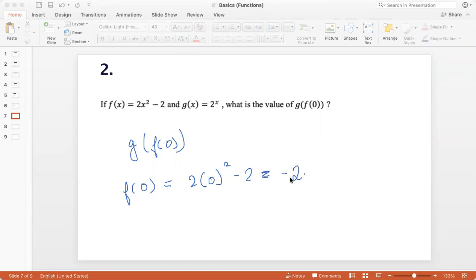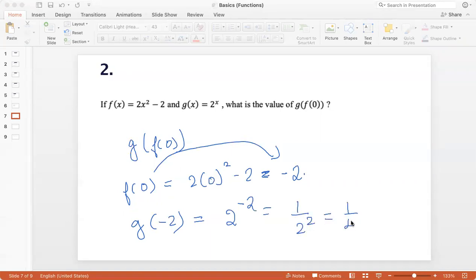So f(0) is minus 2. So we now need to find g(-2), because whatever is f(0) becomes the input for g. And g(-2) will be 2 to the power negative 2, which is 1 divided by 2 squared, which is 1/4. So the answer for this question is 1/4.